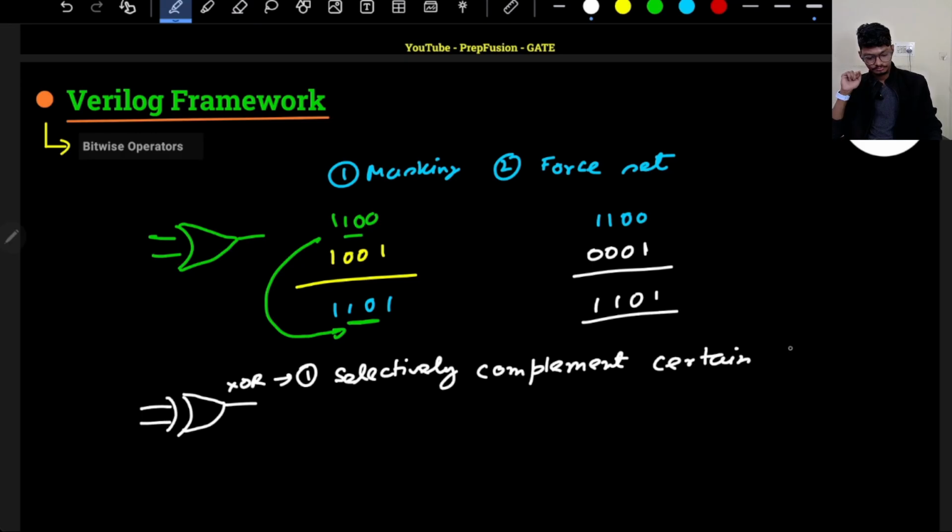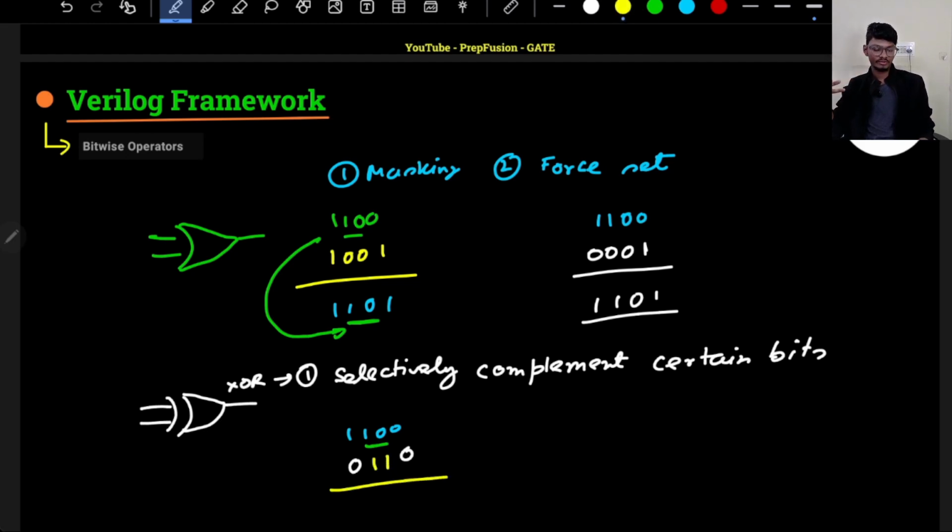So how do I selectively complement certain bits? Let's say I have this number, 1 1 0 0. Now I want to selectively complement these two bits. I will make all the other bits 0, and the bits that I want to complement, I will make them 1.